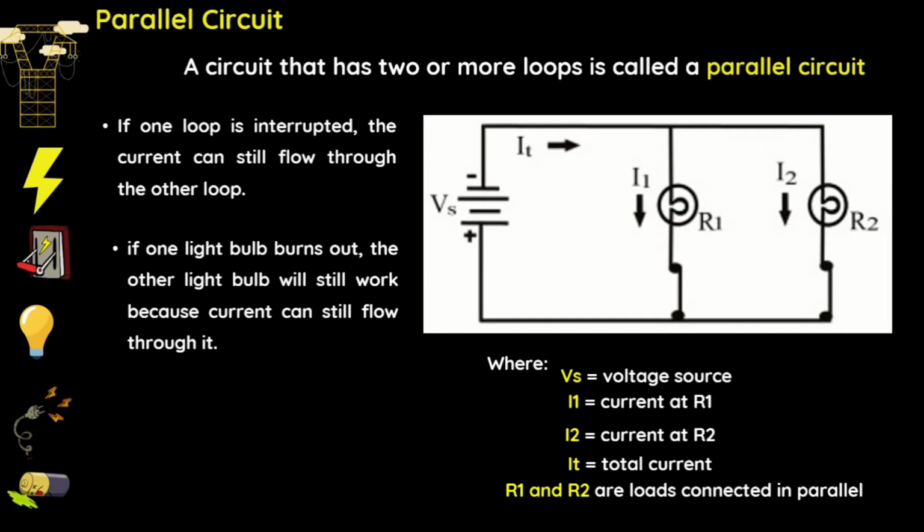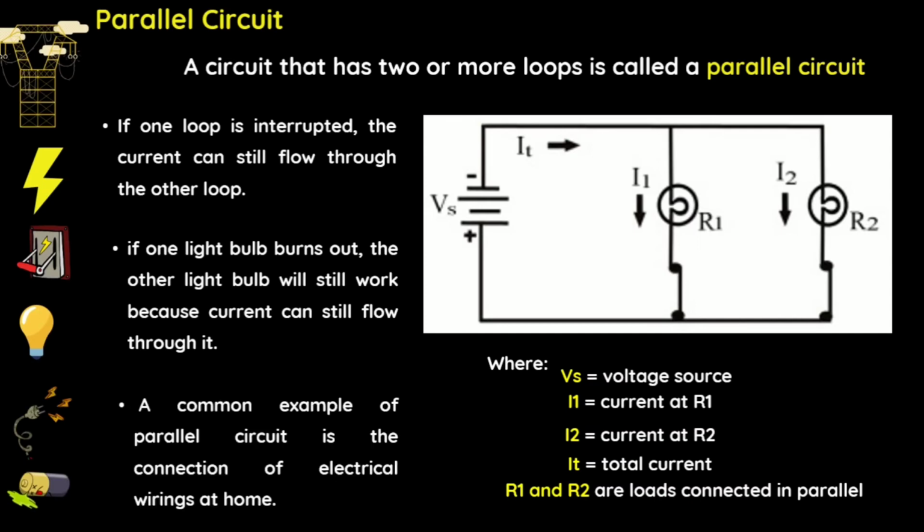In a series circuit, once that one bulb is interrupted, the rest of the bulbs will not function. While for the parallel circuit, if one of the loops is interrupted, the current will still flow through the other loop. If one bulb gets busted, the other bulb will still function.